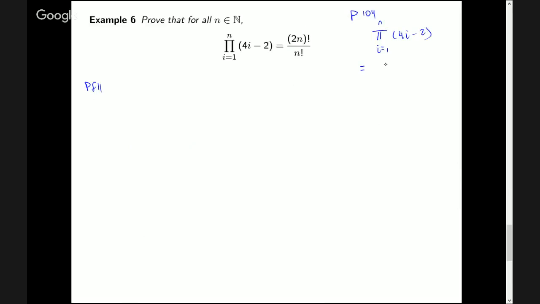So that's equal to, you're multiplying them together. When i is 1, you're going to have 4 times 1 minus 2, times, when i is 2, 4 times 2 minus 2, times, all the way out to when i is n. So that means multiply.